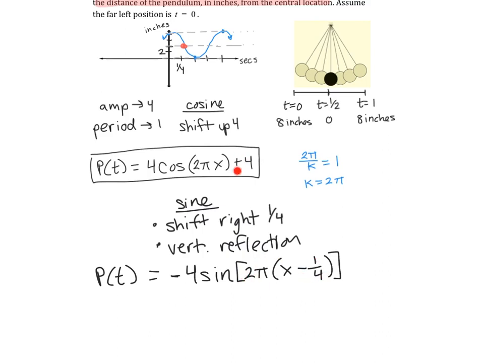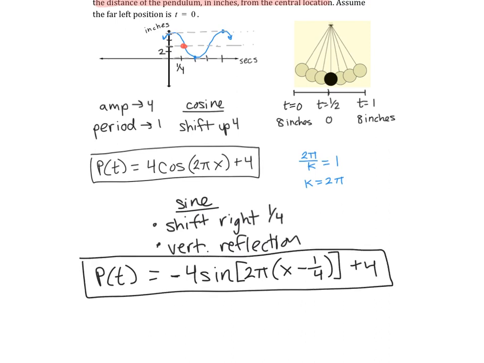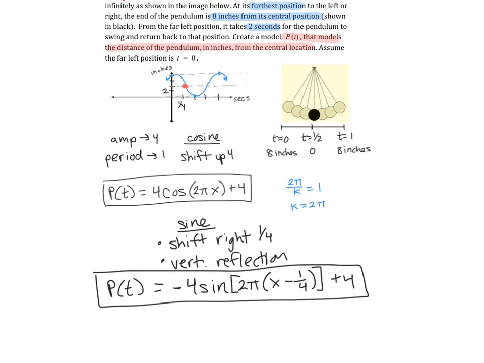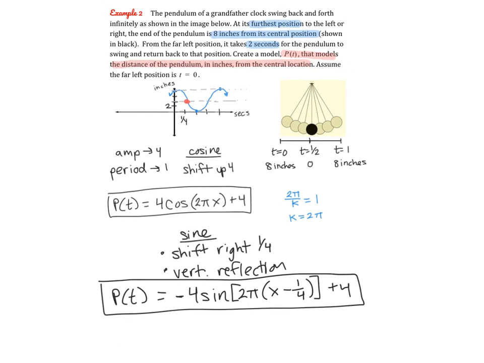And then last, we do still need to shift it up 4. And there you have it. So remember, for these, if you compare the two functions, obviously it's a little bit easier to use cosine here because you don't have to do the shift or the reflection. So it's important that you're strategic, but whichever way really jumps out at you is fine. So either of these answers are totally acceptable.